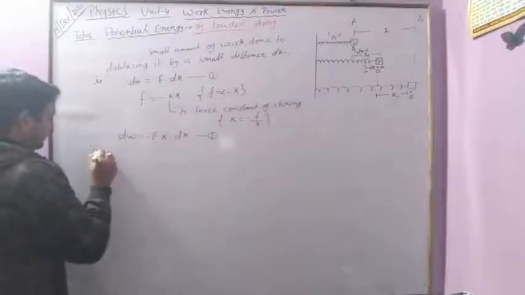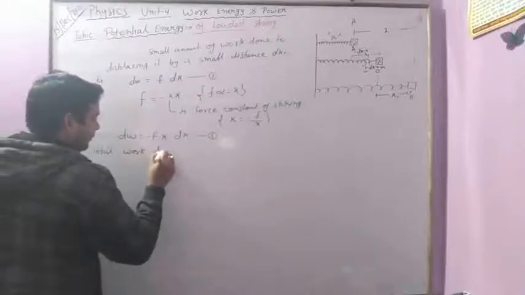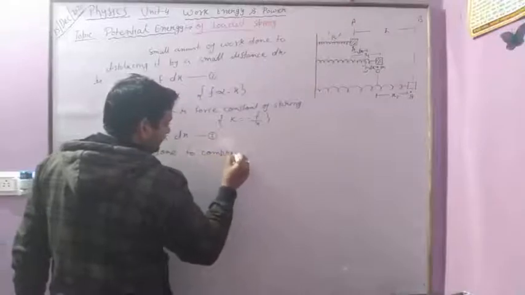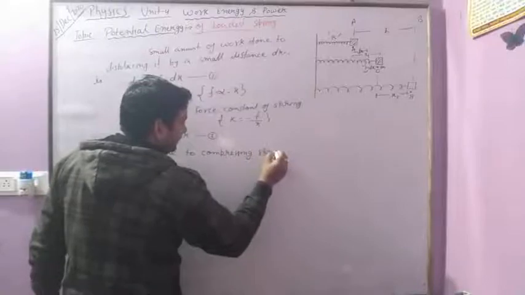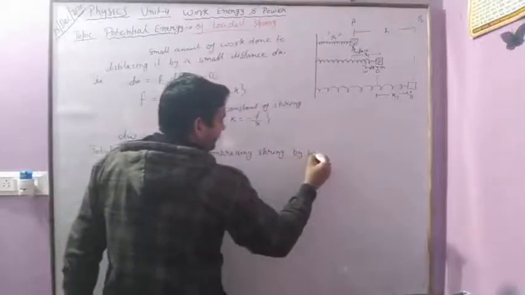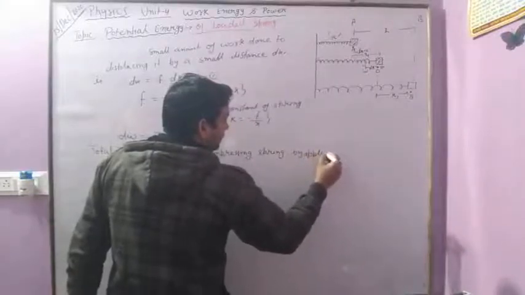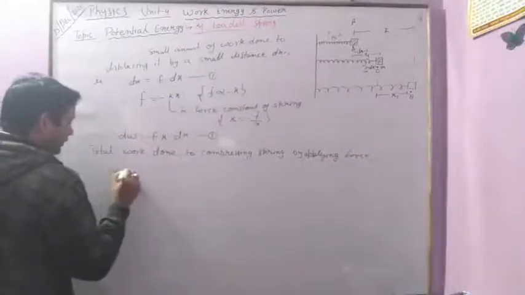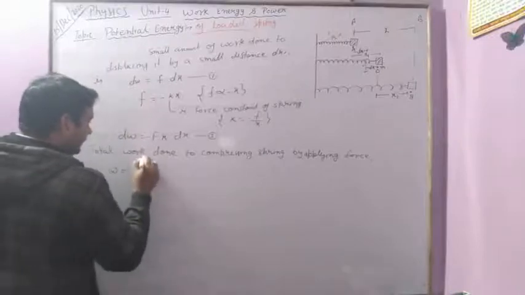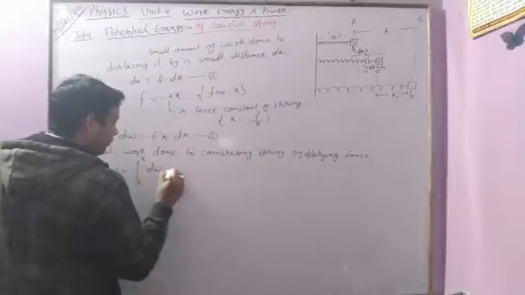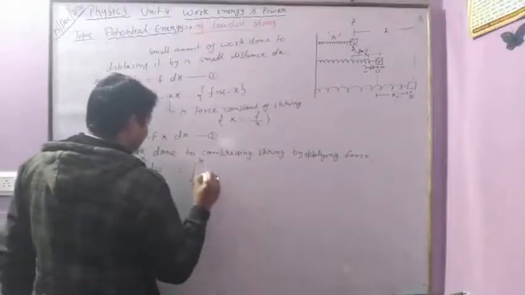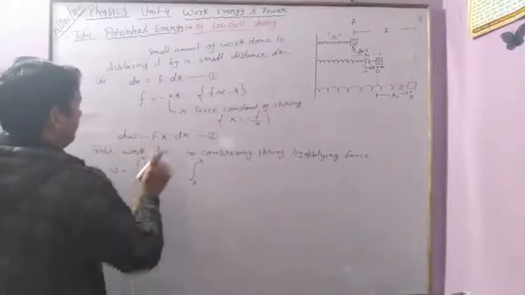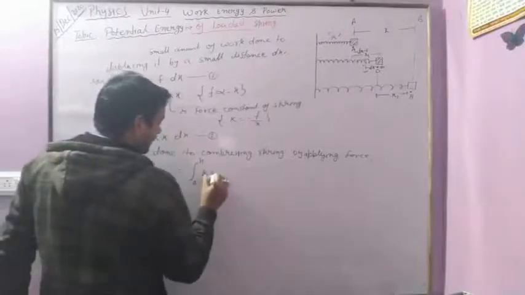Now, total work done to compress the spring by applying force is W is equal to the integration from 0 to x of dW, which is equal to the integral from 0 to x of kx dx.